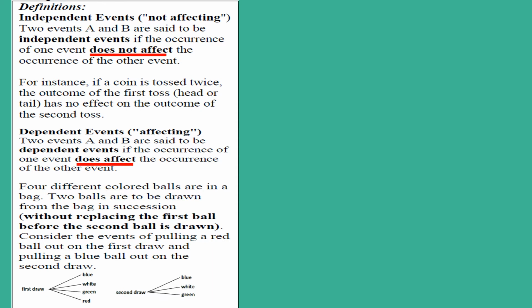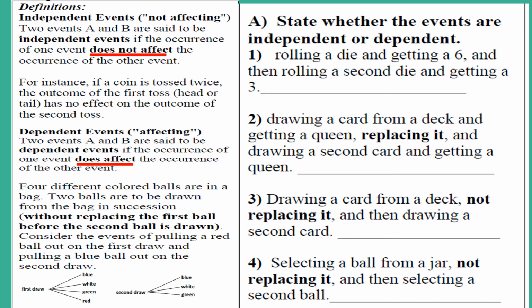Dependent events, or affecting. Two events A and B are said to be dependent events if the occurrence of one event does affect the occurrence of the other event. Let's look at some examples.